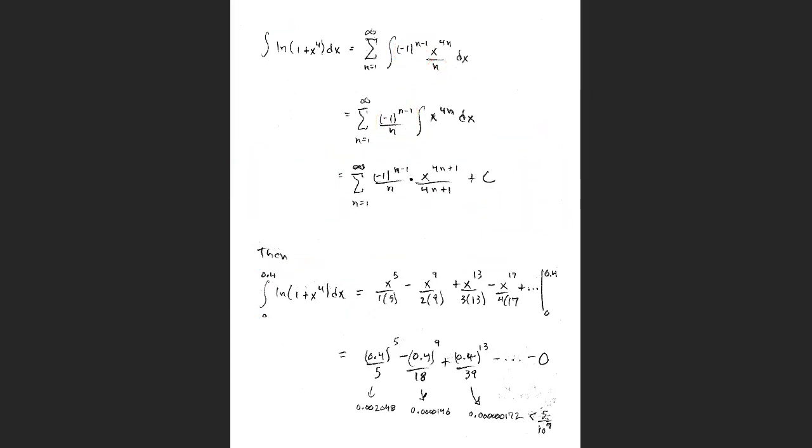And so naturally, the first term is when n equals 1. Second term is when n equals 2. See, to evaluate, I have to put some terms of the series down, right?